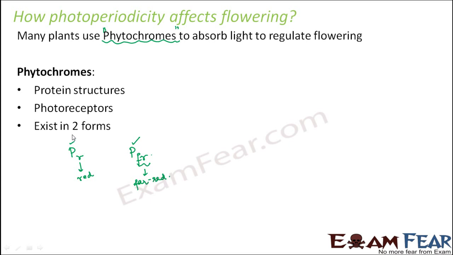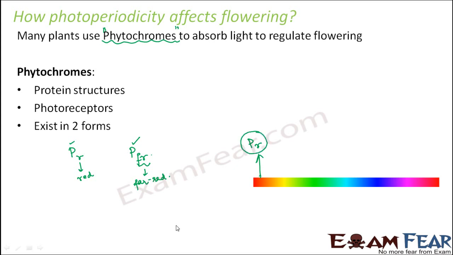So this means that there is one form of phytochrome which absorbs the red light of the spectrum. So when you think of the spectrum, this is the red light of the spectrum, right? So PR complexes absorb the red light of the spectrum and PFR absorbs the far red light of the spectrum. That is the other end of the spectrum. Right? So these are the two forms.